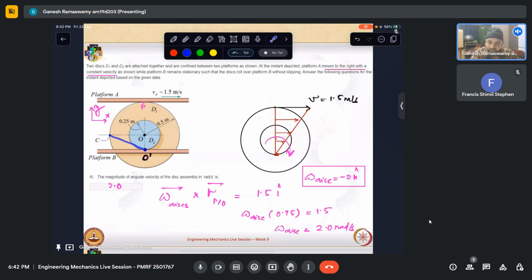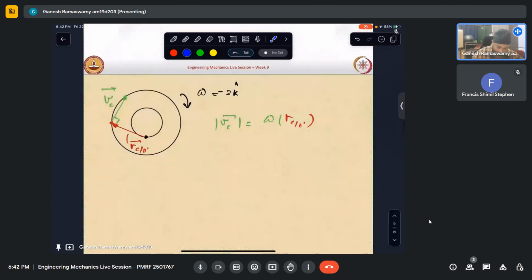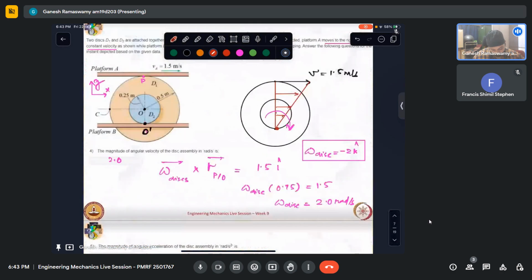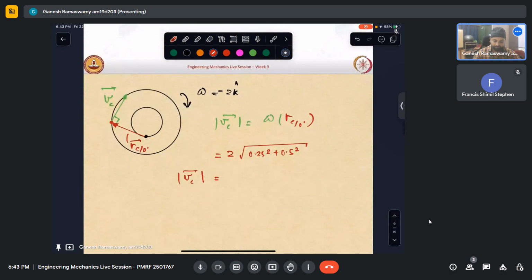So simply we can calculate that distance. It will be root over 0.25 squared plus 0.5 squared. So the absolute velocity of C, the magnitude, will be 2 into root over 0.25 squared plus 0.5 squared. So it comes out as 1.12.